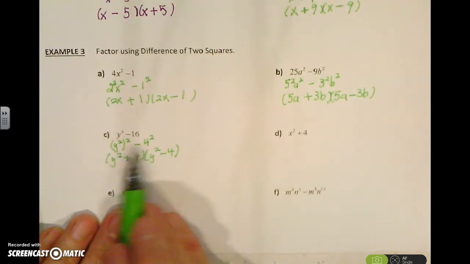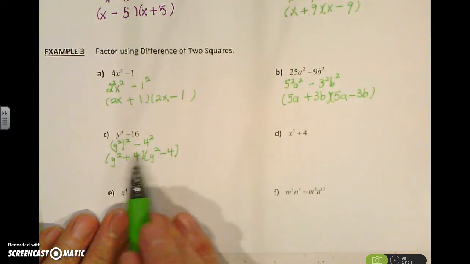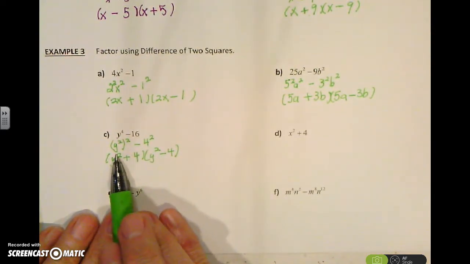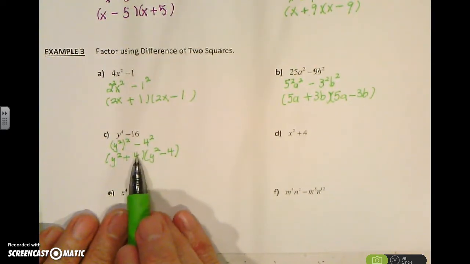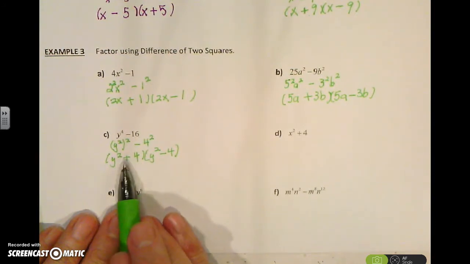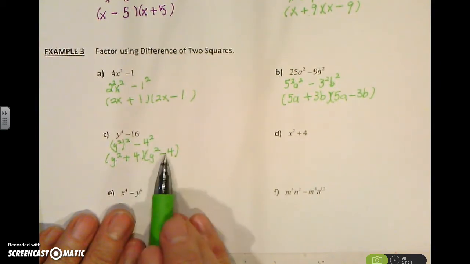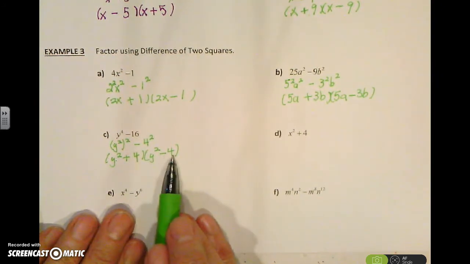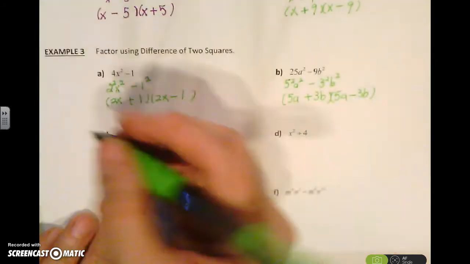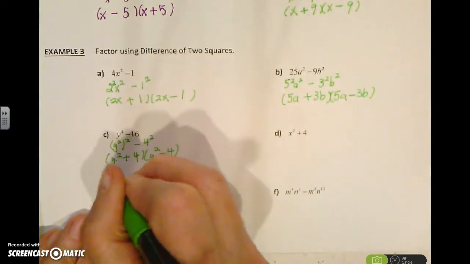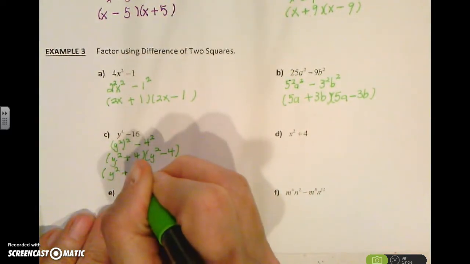However, you can see that in these answers, I have some squares. Here's a y squared, and here is a 2 squared. But in this one, I have a plus, so this is not the difference of 2 squares, so this won't factor again. But the second parentheses is the difference of 2 squares, so it will factor again. So when I write this in factored form, I'm going to write another line.